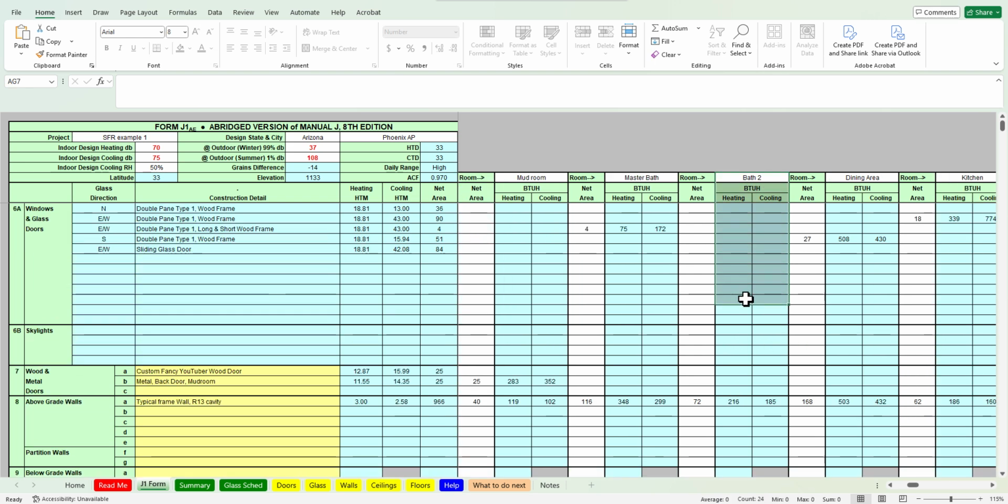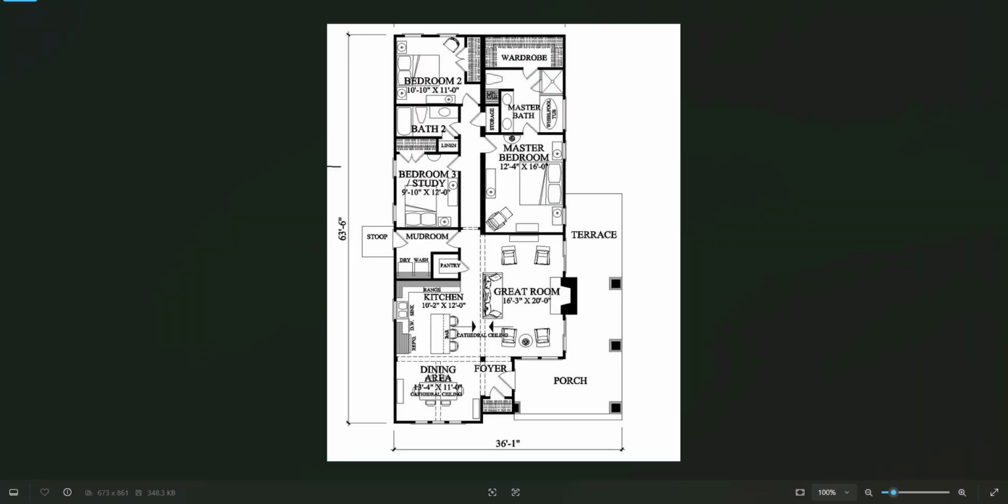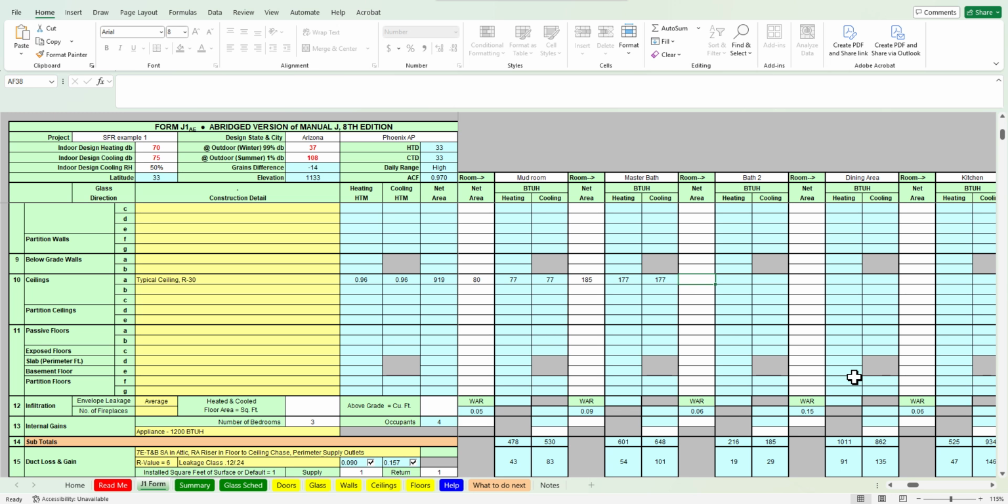You see that? Bath 2. This is 10 feet wide, that's this dimension here, and I think I said this was 8 feet, so 10 by 8.